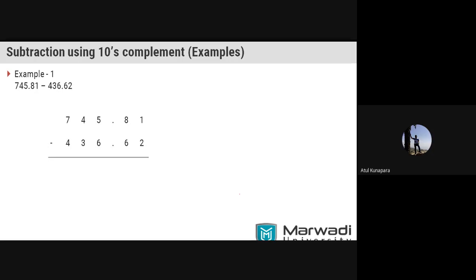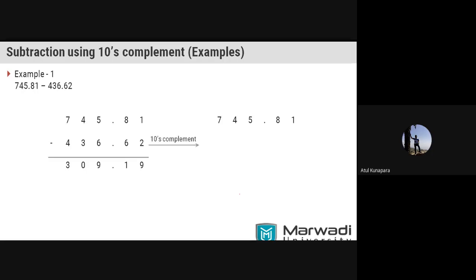First of all, if I perform this subtraction with the normal method, we take 745.81 minus 436.62. That is our normal way of subtraction. But in the 10's complement method, we take the number 745.81 as it is. For the number to be subtracted, we take its 10's complement.